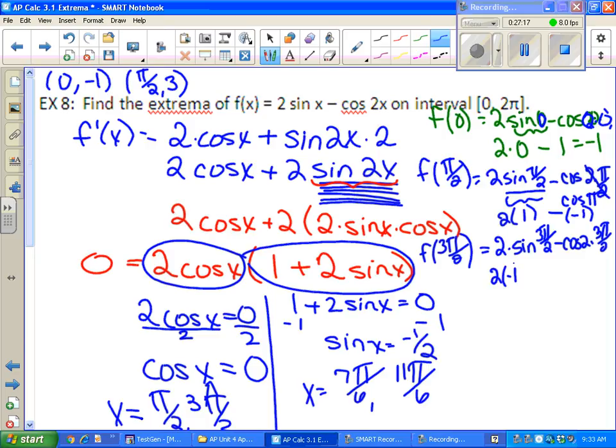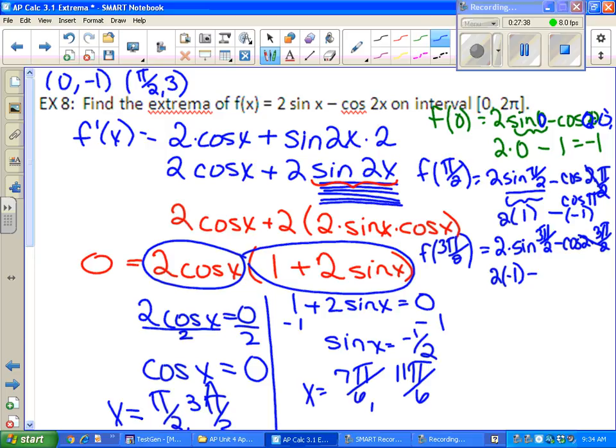2 times negative 1 minus, okay, again, my 2's cancel, don't they? What's cosine of 3 pi? That'd be like going all the way around, and then all the way around again. Negative 1. Does everybody see? Now, see if typing it in your calculator would work.